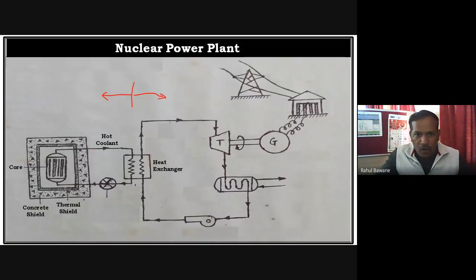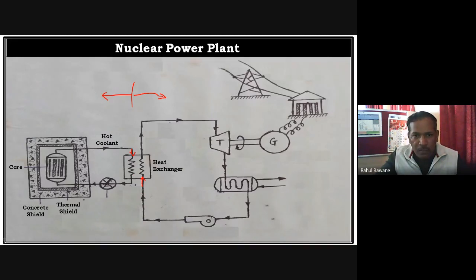This hot coolant may have been affected by radioactivity, so we are not using it for a secondary system. We are using this hot coolant to pass through the heat exchanger, where it exchanges heat to the second fluid. So the hot coolant will enter this heat exchanger, and cold water will enter this heat exchanger in the opposite direction.